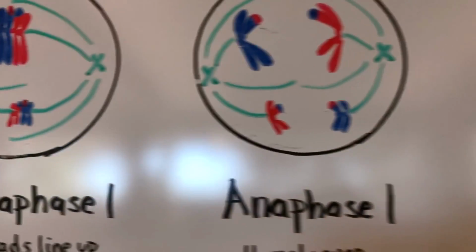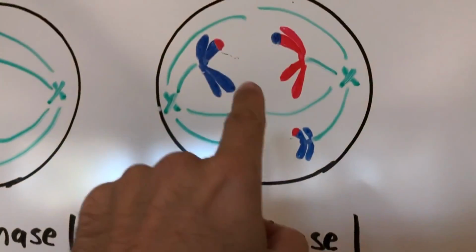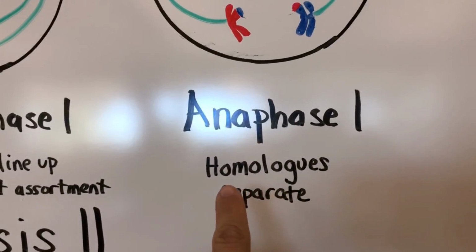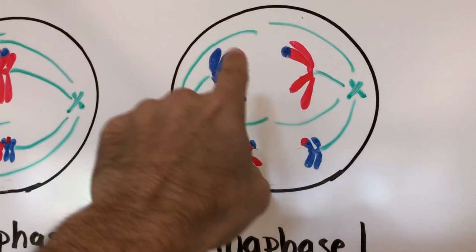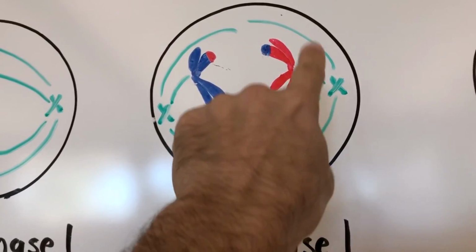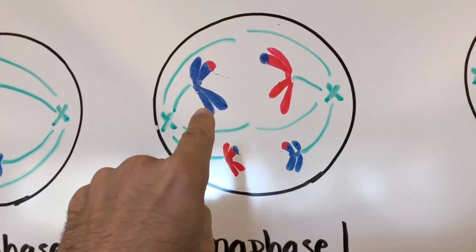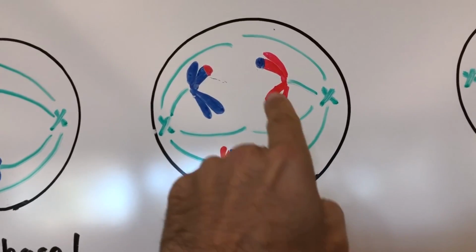All right, so then at the next phase, Anaphase I, the DNA separates. But what's separating from what? We say that the homologs separate. What does that mean? This pair of sister chromatids separates from the homologous pair of sister chromatids. In layman's terms, these two, dad's chromosome 1, separate from these two, mom's chromosome 1.